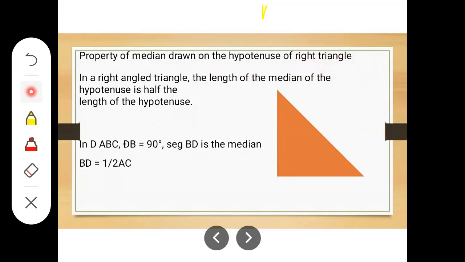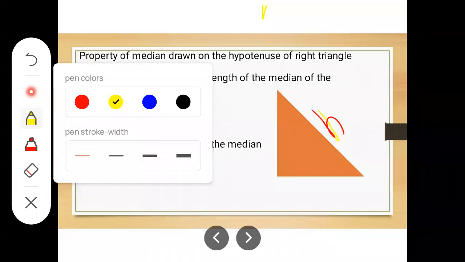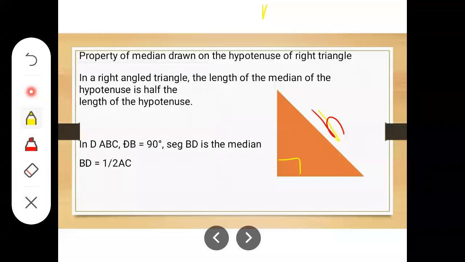Right triangle means right angle triangle, where one angle is 90 degrees. And which is the hypotenuse here? This side is the hypotenuse, as this angle is 90 degrees.